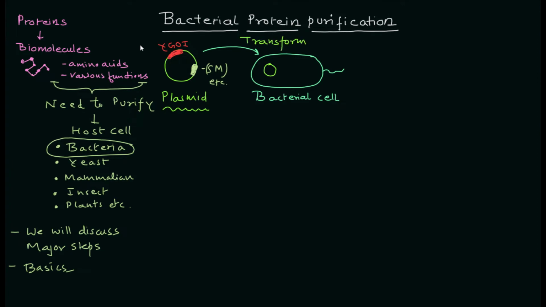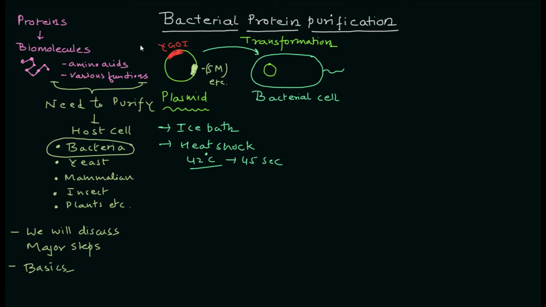That is called transformation. Whenever extracellular DNA enters into a bacterial cell, it is called transformation. When you are doing the same thing in eukaryotic cells, mammalian cells, it's called transfection. The process in case of bacteria is the heat shock method.